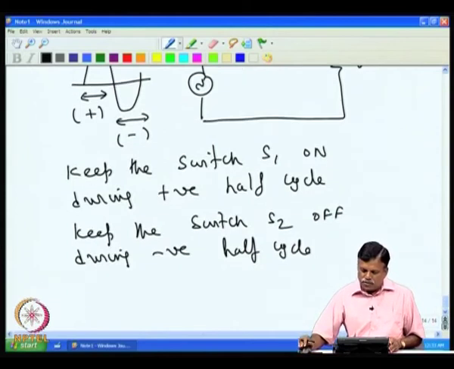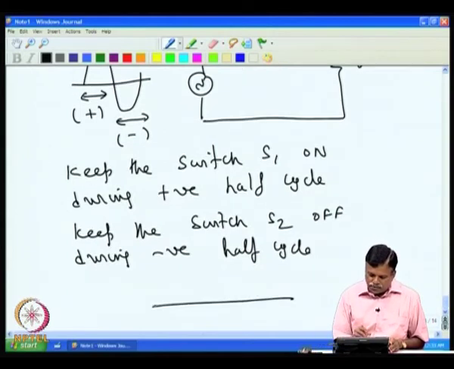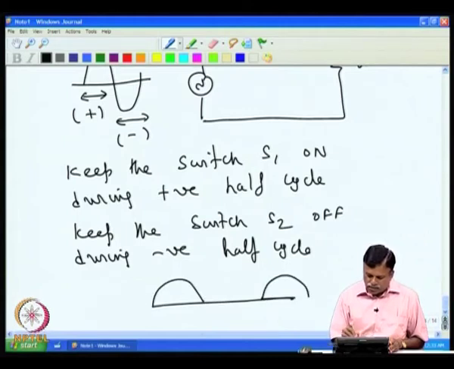Then at the load you will get only positive half cycles. So at the load point, if you see, you will get the positive signal and the negative is not appearing, you will get this. This is the load voltage.